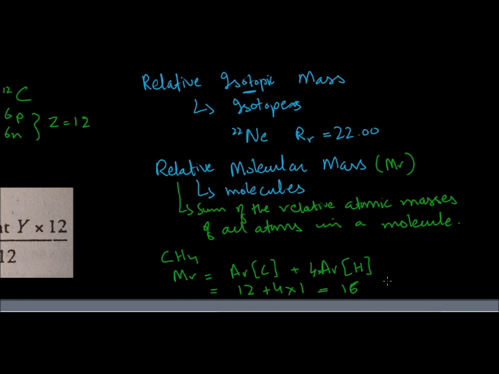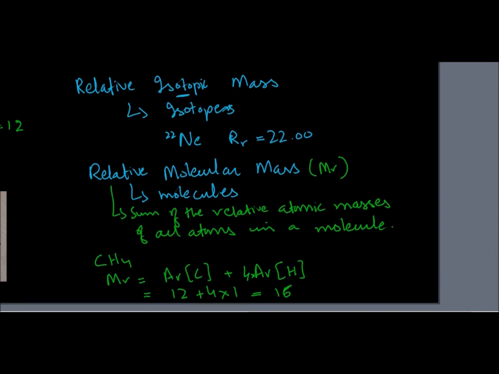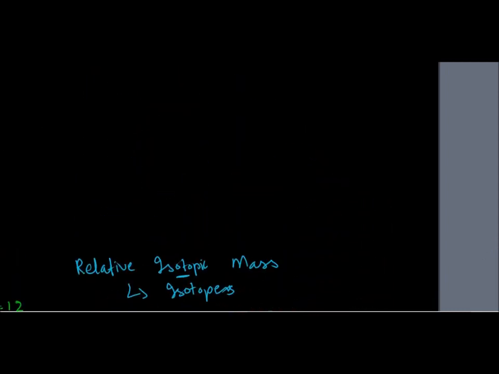Okay. Lastly, the last thing we need to do over here is the relative formula mass. So formula mass is just for formula units. Instead of molecules, this is for formula units.